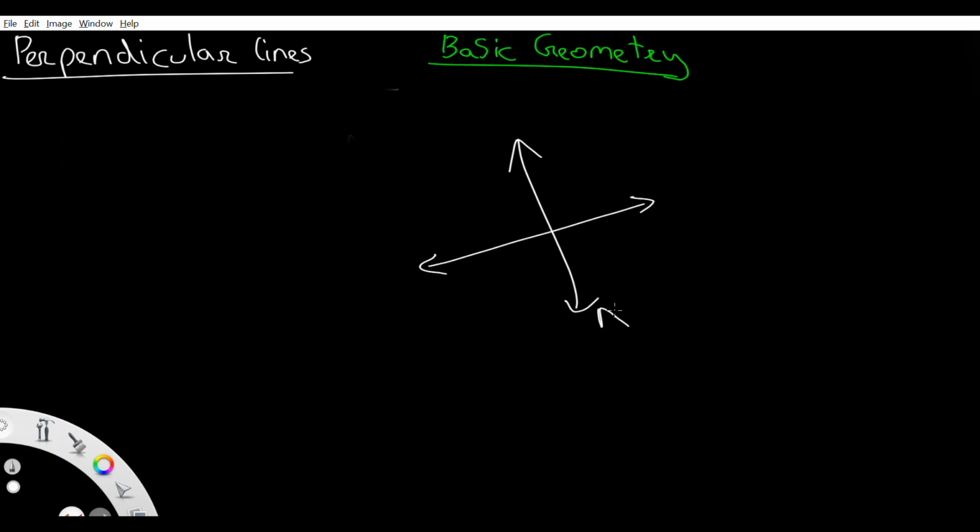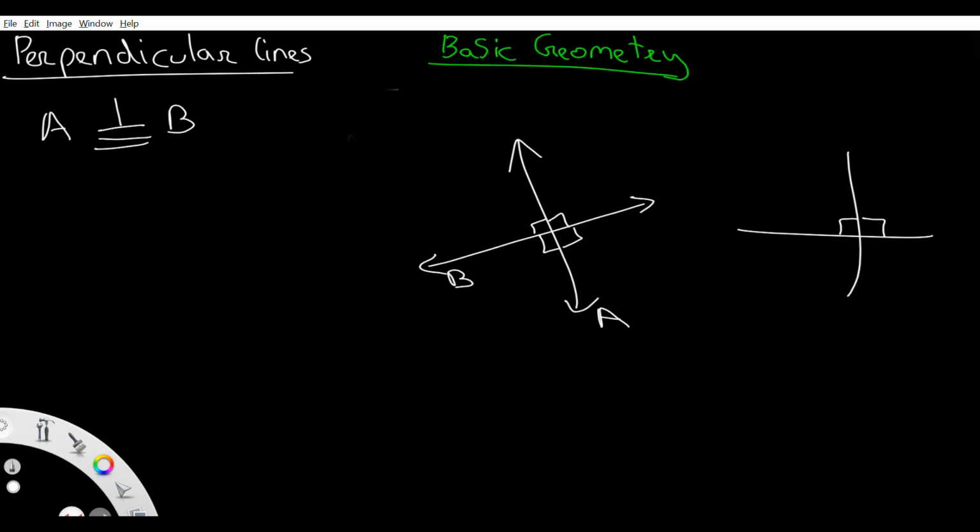Let's say this is line A and this is line B, and they intersect by making right angles here. So perpendicular lines intersect at right angles. And to write this, we write A is perpendicular to B. This is the symbol we use.